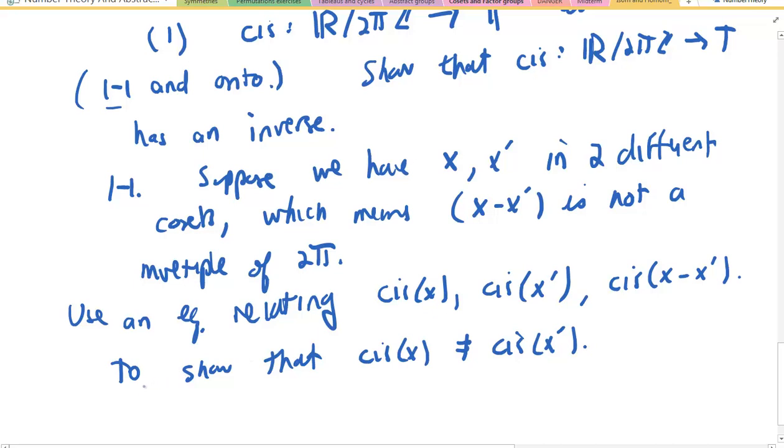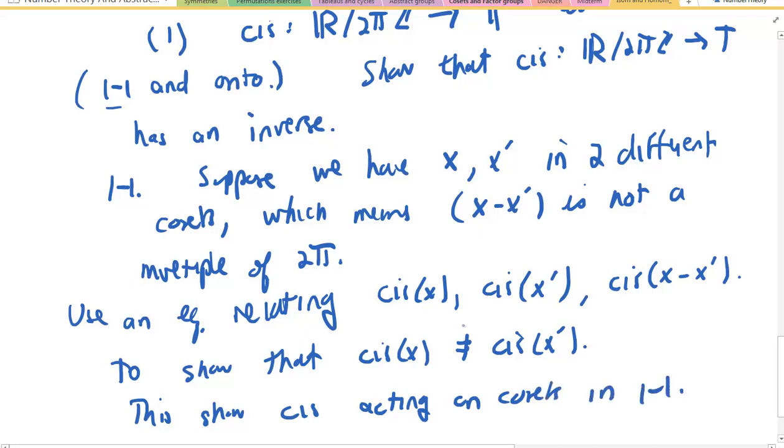And this will show that cis acting on the cosets is one-to-one. Why is that? Because if we have elements from two different cosets, they get two different cis results. Okay, so the value of cis on one coset will not be the value of cis on the other coset.